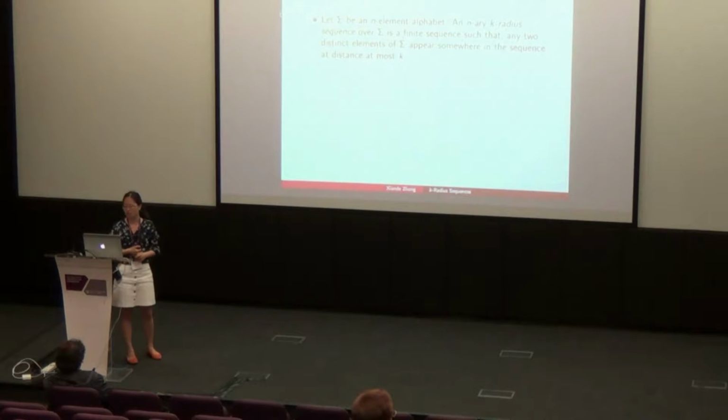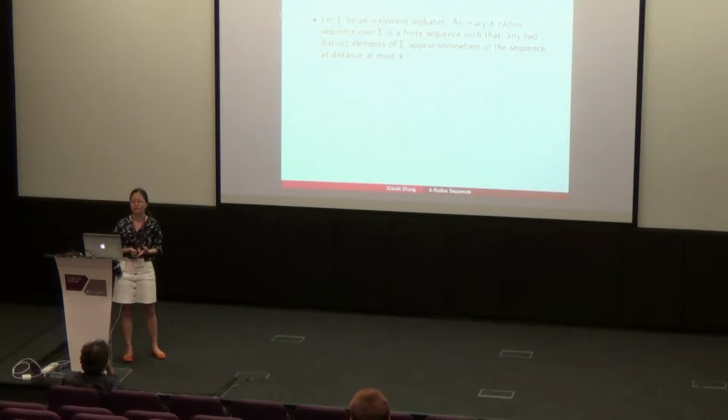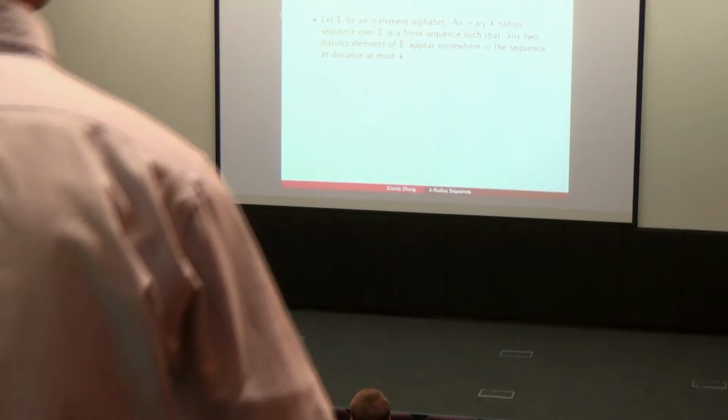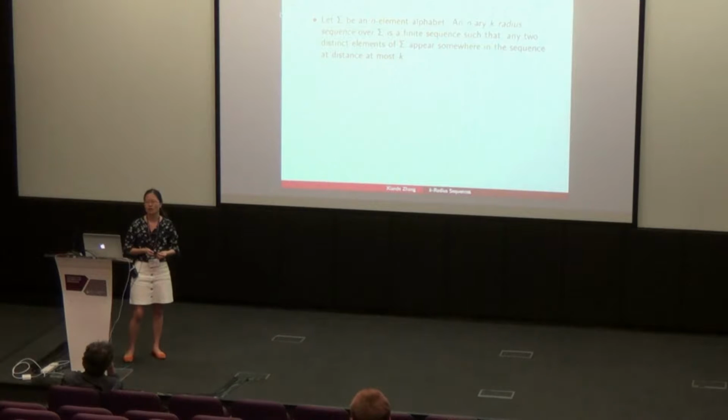The property is that any two distinct elements of sigma should appear in this sequence somewhere at distance at most k. This is like the strength k. The distance of two distinct elements in this sequence is just the difference of the corresponding positions of these elements in the sequence.